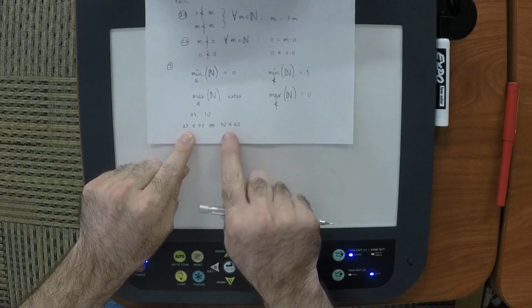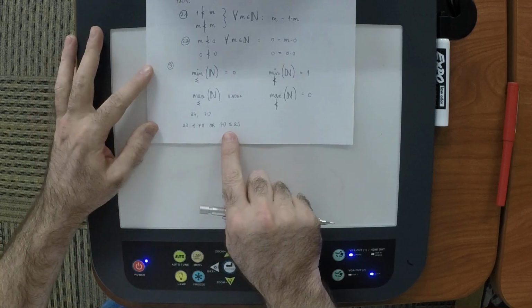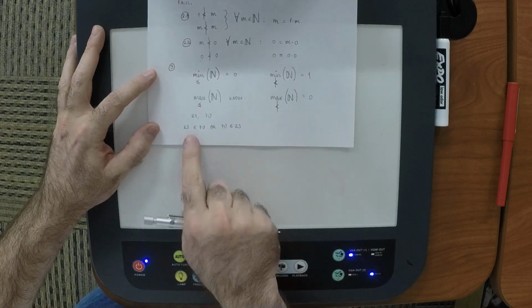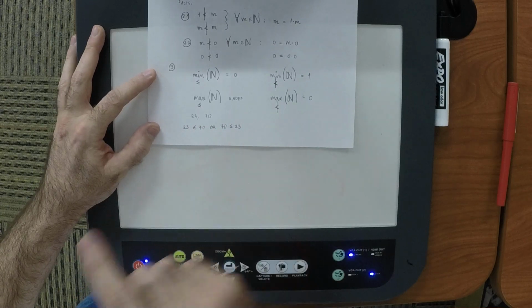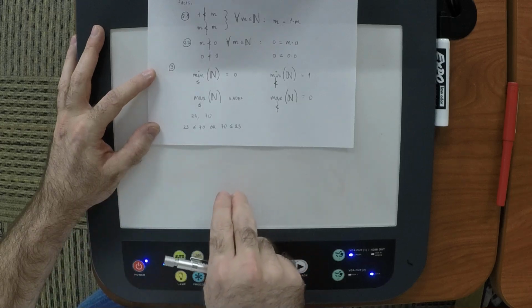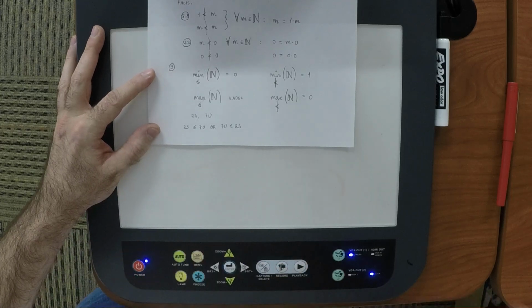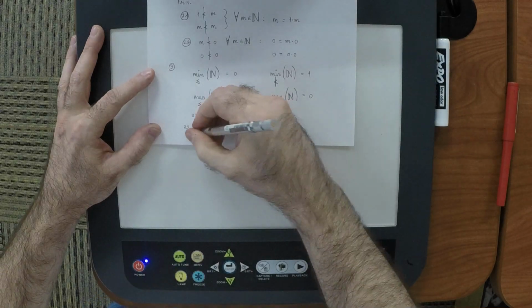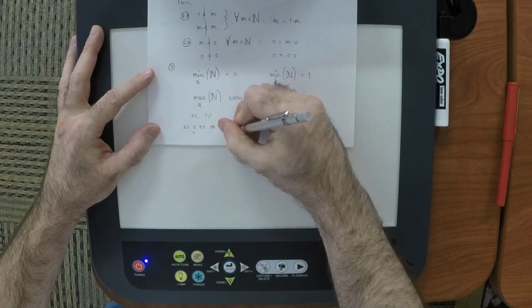True. And this one, false. So the totality of it is that you should be able to take any two naturals, and either that one or the other one has to be true. Either this one or that one. In fact, it could be both, and in that case, that would mean that those two numbers are the same number. So one of these must be true. At least one must be true.